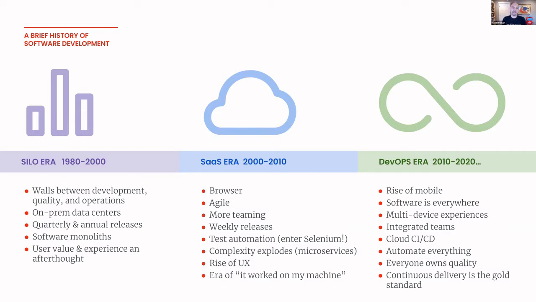And then we enter into the SaaS era and things exploded, right? The cloud really exploded. And this is where we see Selenium come up. This is where we start to see agility take the forefront. We start to see teams working together. We start to see more and more people getting involved in software development, but still the roles are very well defined.